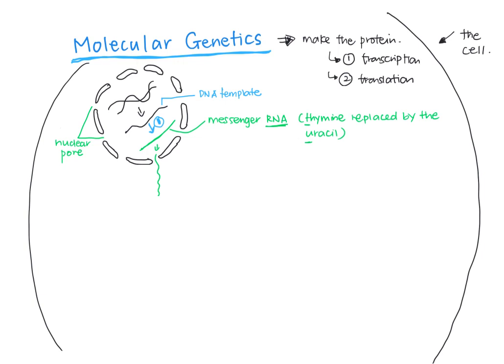The mRNA will go and look for a very, very important structure inside the cell, which we all know. It will look for this thing. This is called the ribosome, right? And your mRNA will come in between the ribosome here.